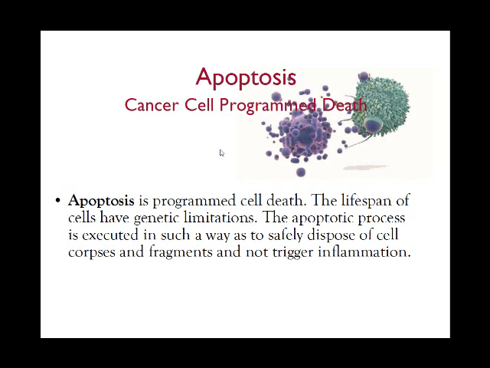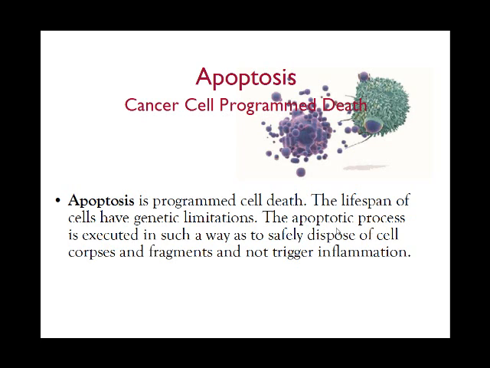Another way we need to deal with cancer: if we trigger cancer cells to die by themselves, let the cancer commit suicide, it's called apoptosis, programmed cell death. The lifespan of a cell has a genetic limitation.